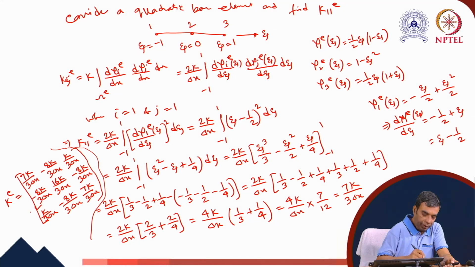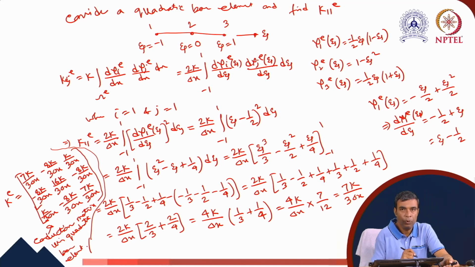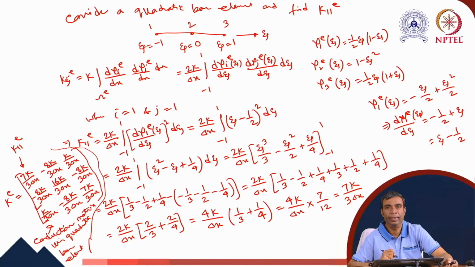So this was the conduction matrix. We have already shown this using the quadratic bar element. So we were trying to find out the first term K11e. So this is the term K11e, 7k by 3 delta x, which is matching.